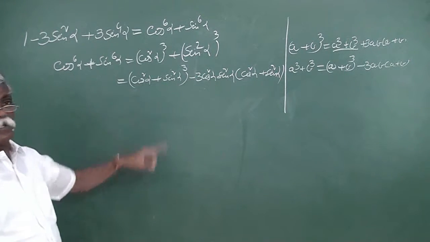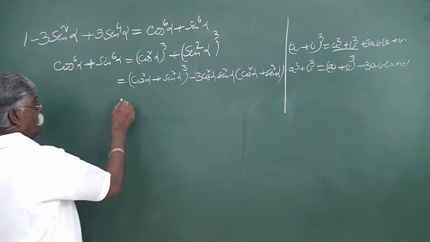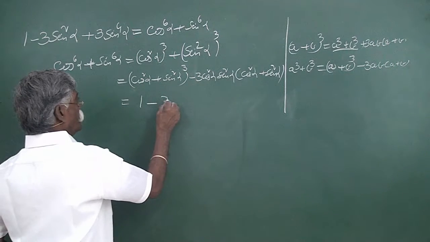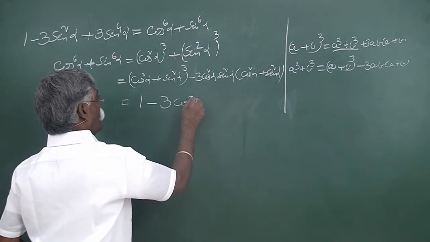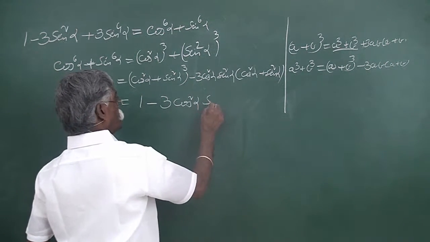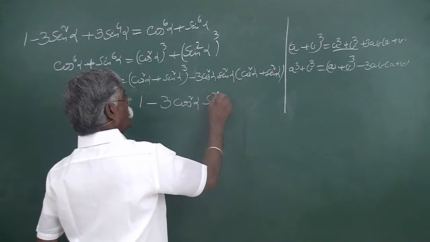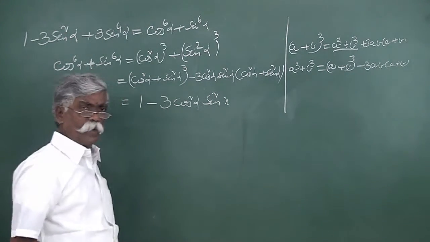Now cos square alpha plus sine square alpha is 1, therefore this is 1 minus 3 cos square alpha into sine square alpha, since this is also 1.